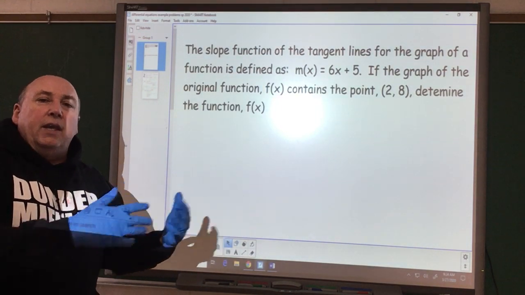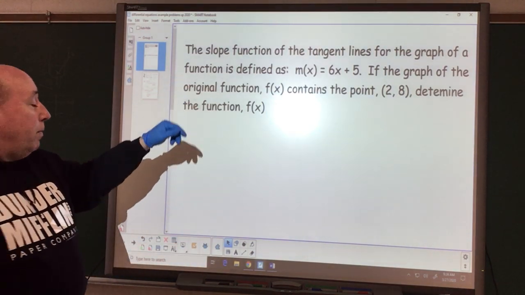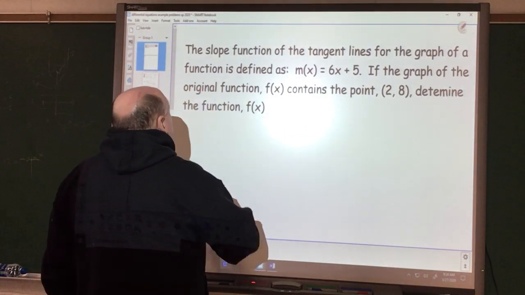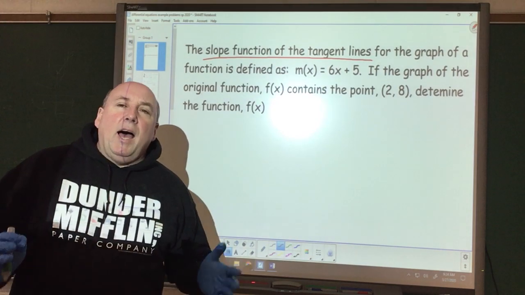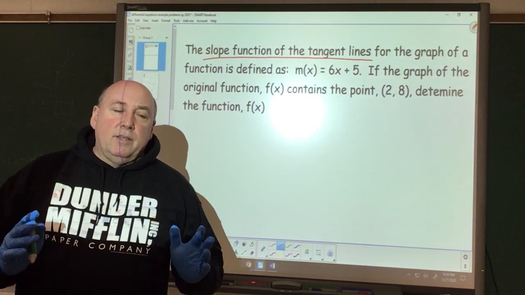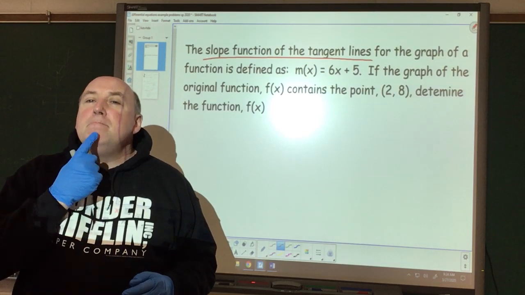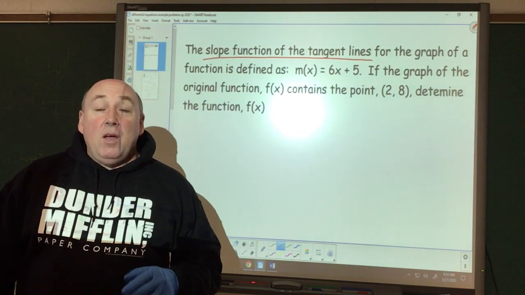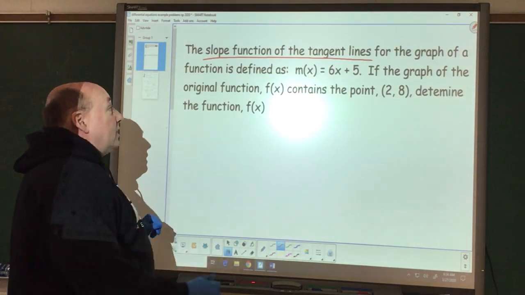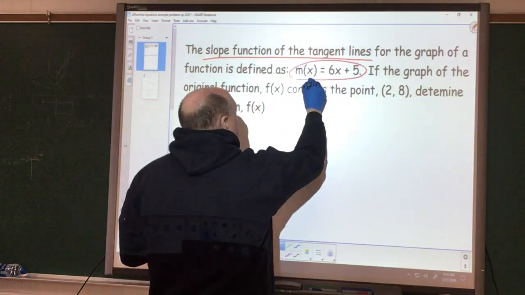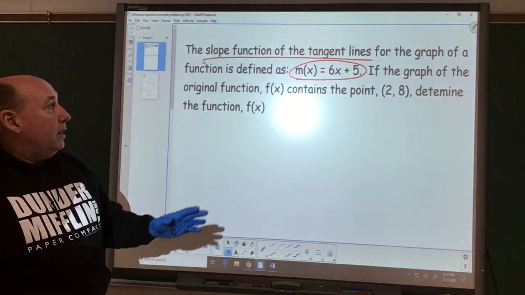Now, how does this relate to what we just did? Well, we have to go back and ask ourselves, how do we determine the slopes of tangent lines to a function? That's a thinker. That's exactly right. We took the derivatives. So when I look at this m of x function, m just symbolizes a slope.